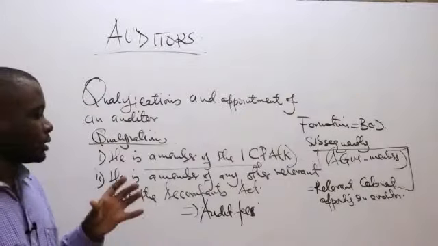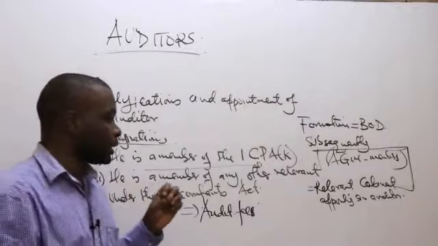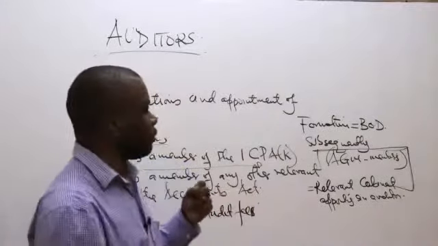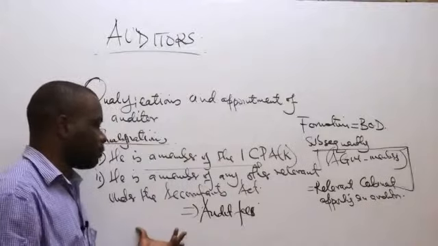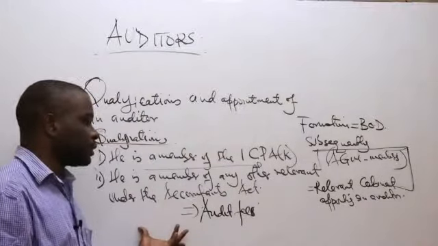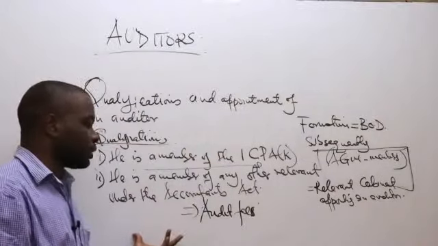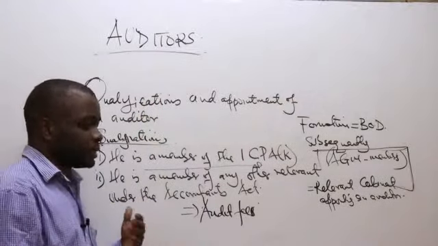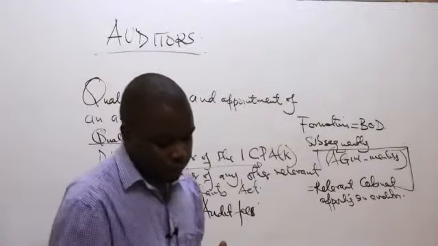That will still be seen as remuneration for this auditor. Or maybe they provide lunch for the staff of the auditor when they're visiting the premises of the company being audited. That will still be seen as the remuneration for the auditor.